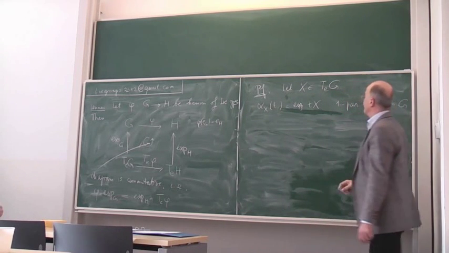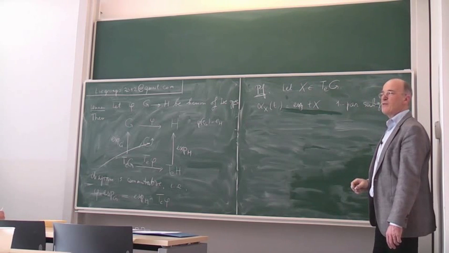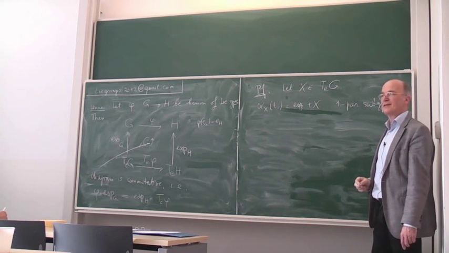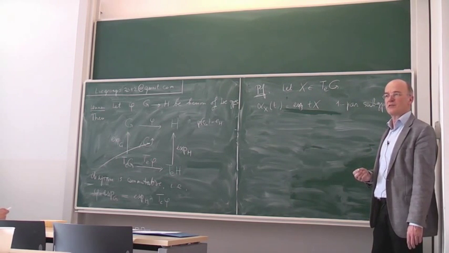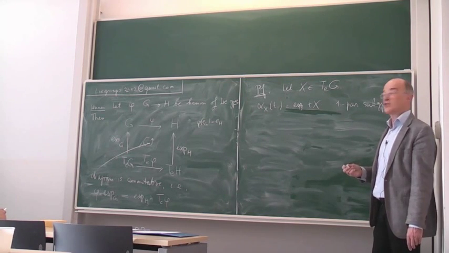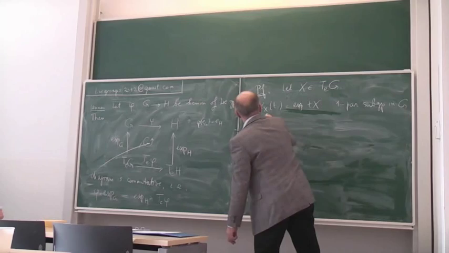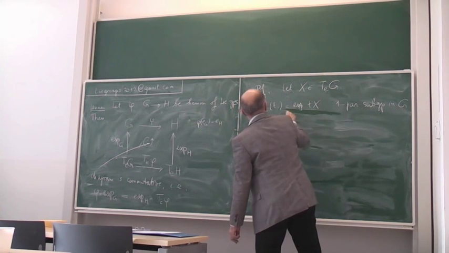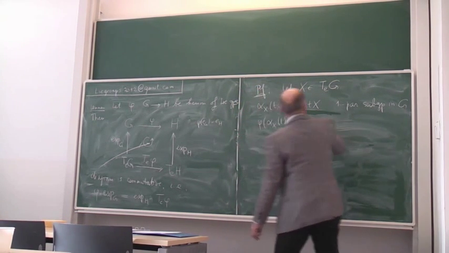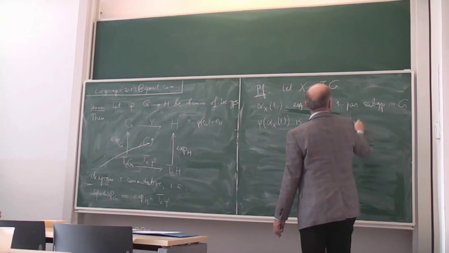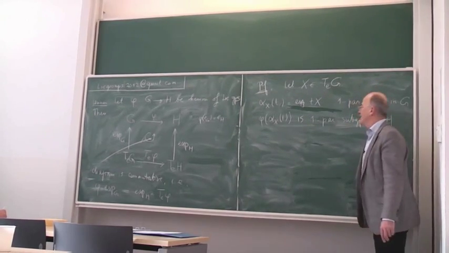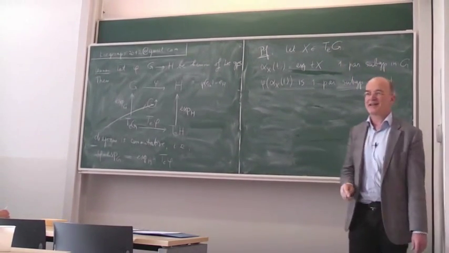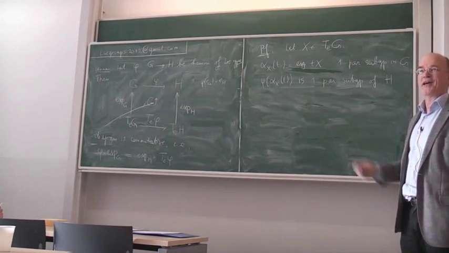Right? Now if we apply a group homomorphism to a one parameter subgroup in G, the composition of two homomorphisms is a homomorphism again. So then we get a one parameter subgroup of H. So phi of alpha x of t is a one-parameter subgroup of H. So I would say that I cannot make things more natural than they are here.